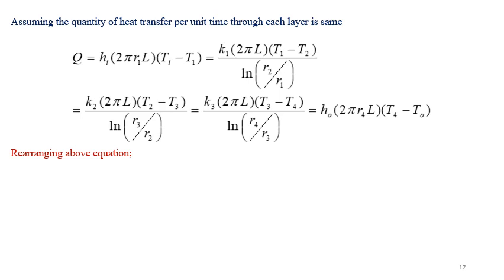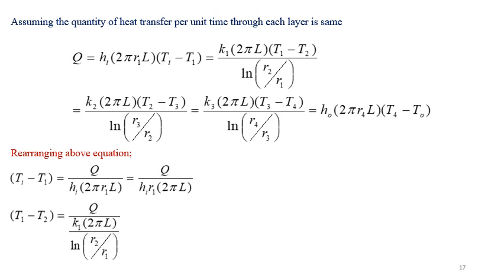Okay, so rearranging the above equation, you can get Ti minus T1 as Q divided by hi into 2 pi R1 L. Similarly, T1 minus T2 is equal to Q by K1 into 2 pi L into ln R2 by R1.